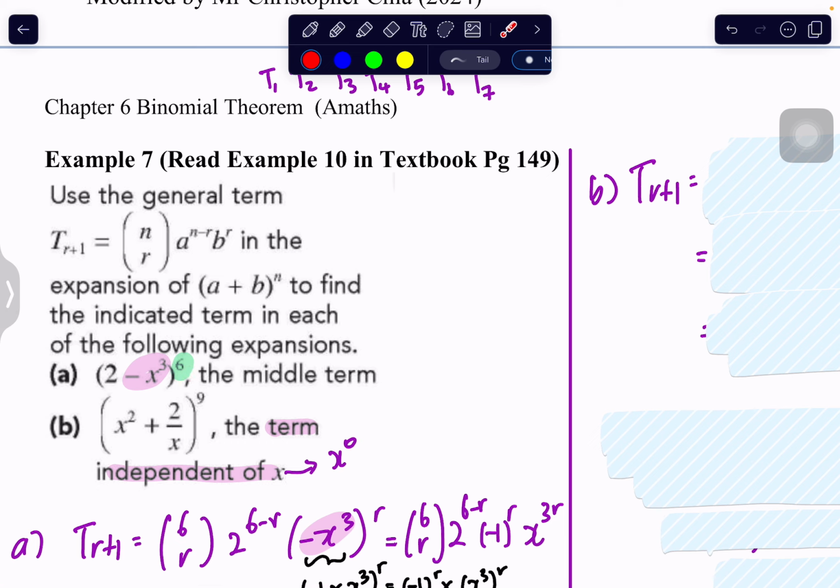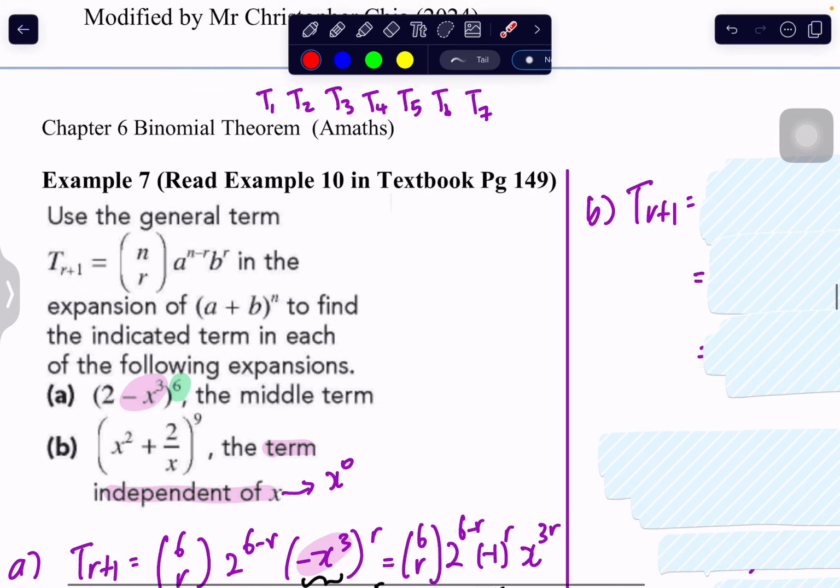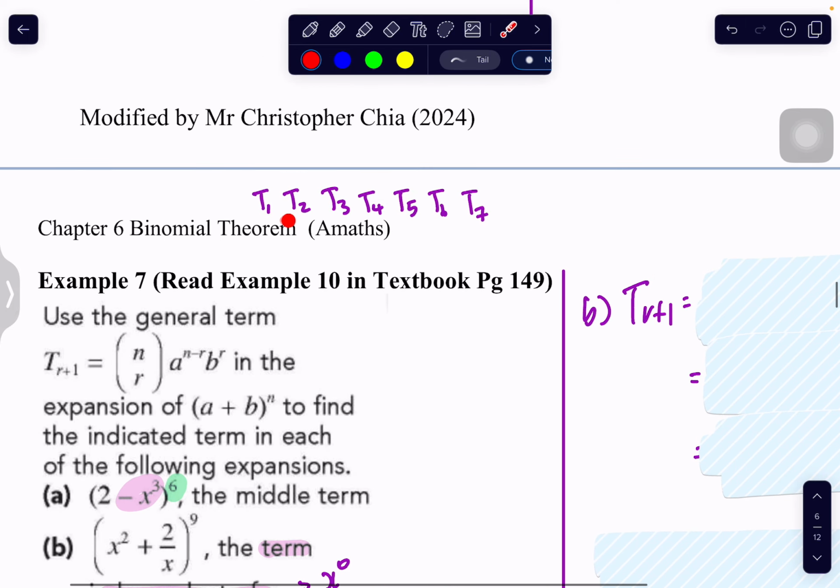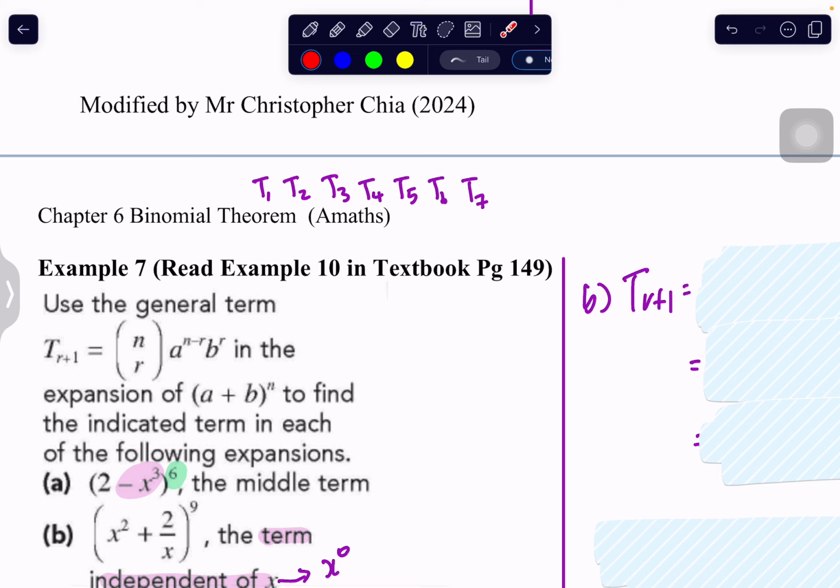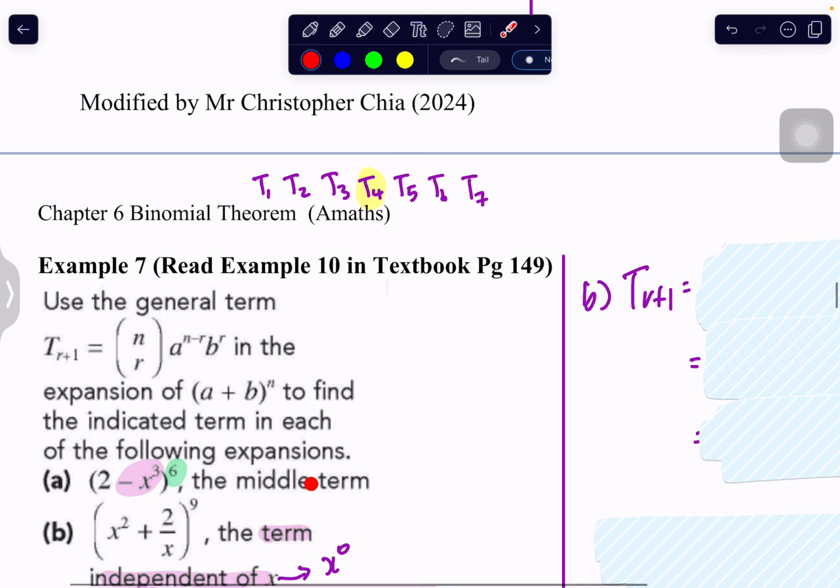If you recall, the number of terms is always one more than the maximum power. So in other words, I should have 7 terms lined up like that. If I would like to find the middle term, it is really none other than the 4th term. So this question is indirectly asking you to find the 4th term, which is the middle term.